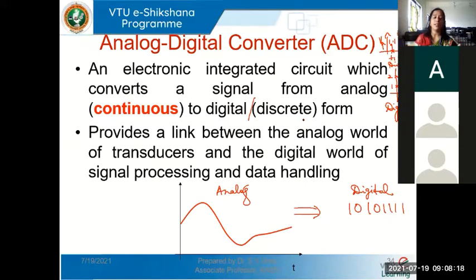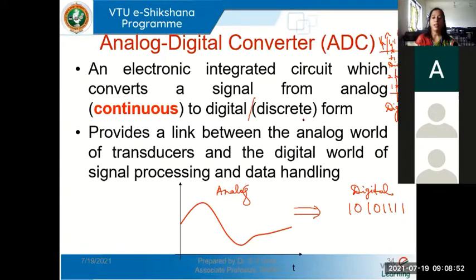So transducers are those devices which will convert any other form of measured energy or measured signal into electrical signal like voltage or current. It can be a camera which converts an image to an electrical current or voltage. It stores it in the form. Today we have digital cameras which will store images in the form of binary data bits only. So we have so many different ways of doing it.